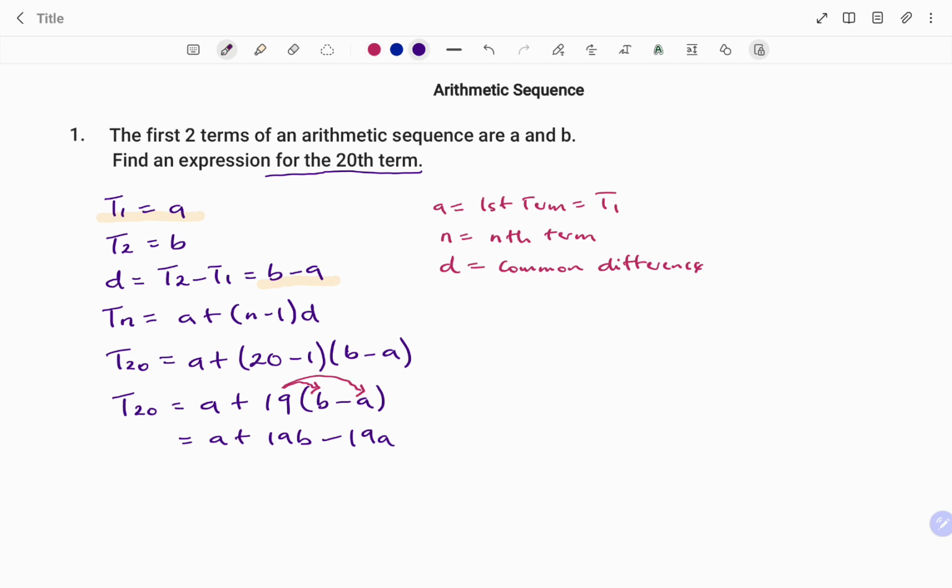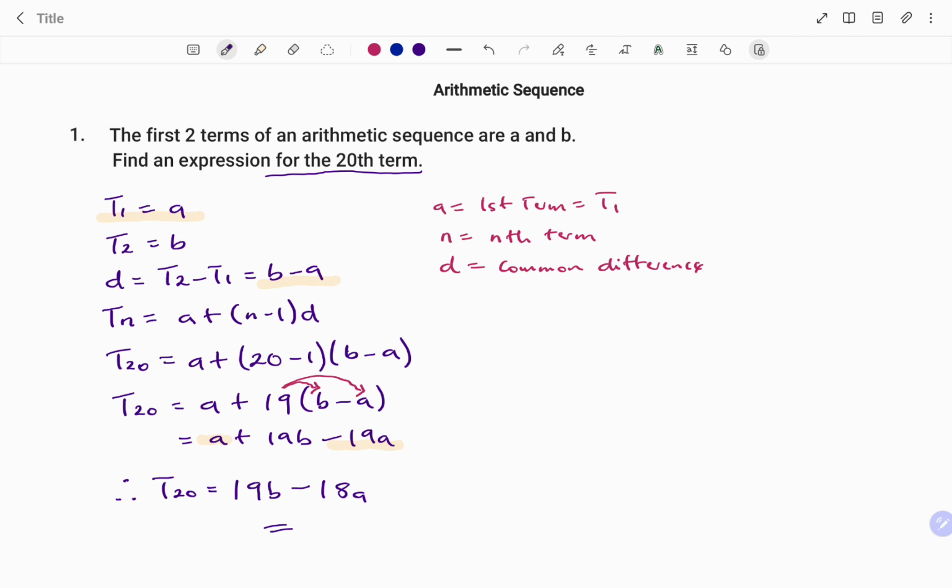So therefore, collecting like terms, we have A minus 19A. They both have the same variable. So therefore, our T20 is equal to 19B. Then we have A minus 19A will give us minus 18A. So that's the expression for the 20th term.